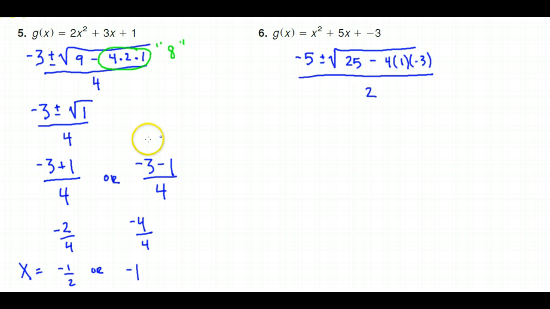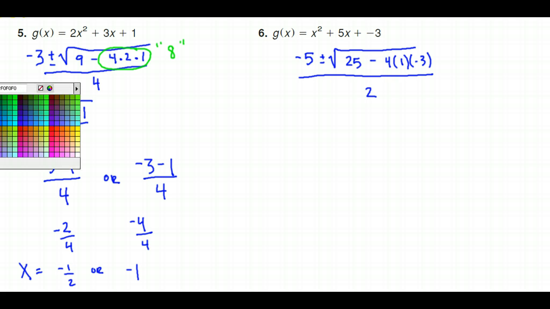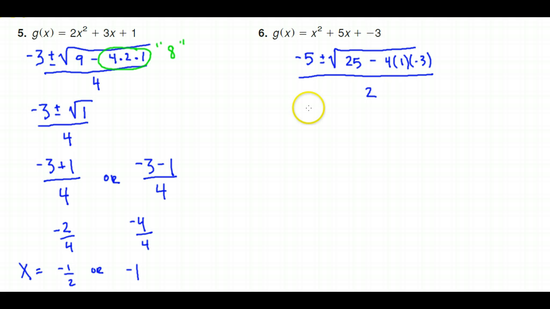Okay, again, I see here we're going to have a minus a negative. So be careful here. This value is going to end up being a negative 12. So I'm going to have 25 minus negative 12, which is actually plus 12, so it's 37.